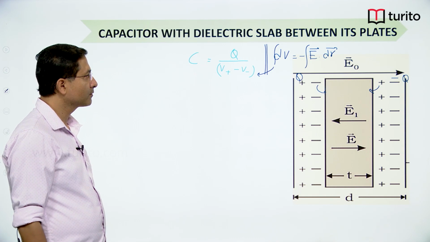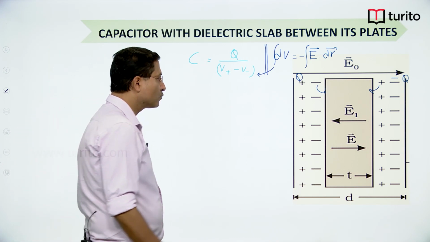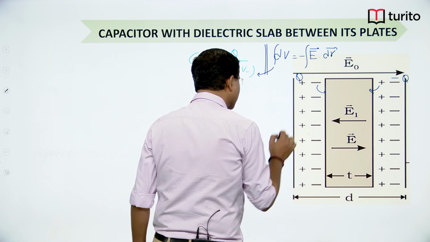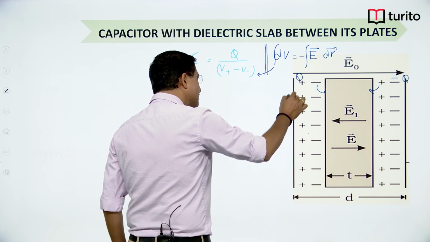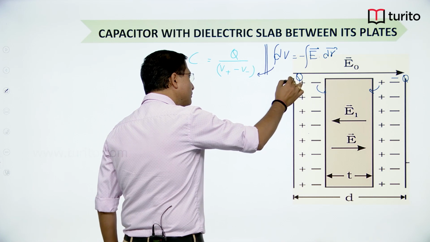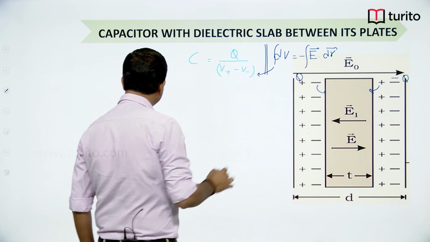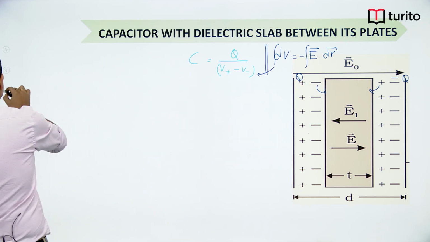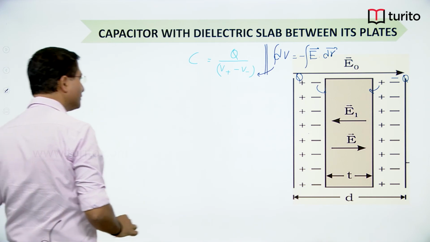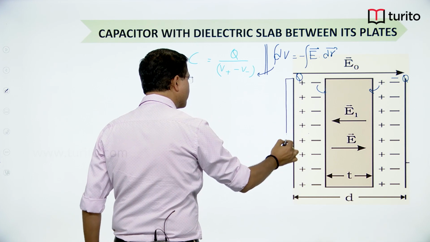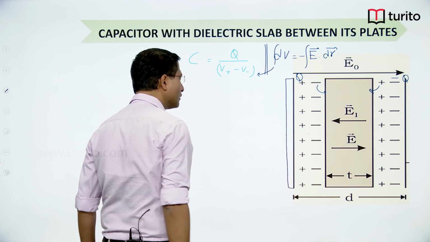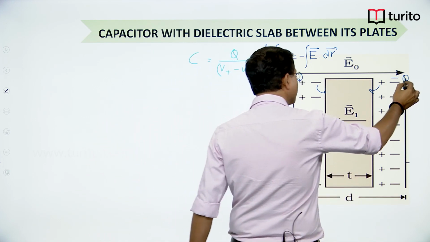Now if I ask what is the field here, because of this positive charge on the plate of the capacitor, I will make it a little thick so that it will be more clear to you.